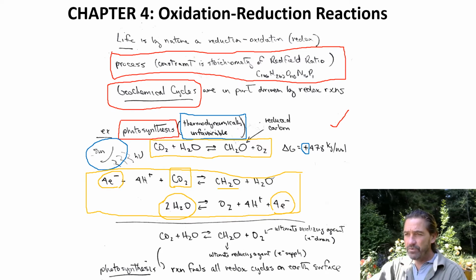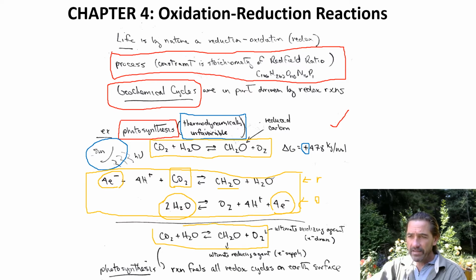And so in this first reaction here, where CO2 is accepting the electrons, we would call this reduction. So we are getting reduction in that half reaction. And for water, as it loses electrons, this is going to be oxidation. So if we add these two reactions, we notice that the electrons cancel out and they do not show up in our final answer.